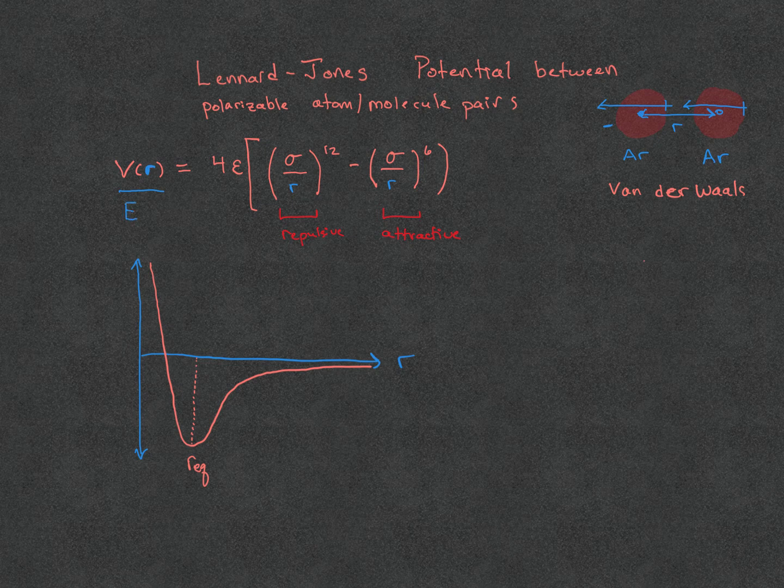It has dimensions of energy, which I'll remind you again, mass, length squared, T to the minus 2. So that's on the left-hand side, which means on the right-hand side, everything has to have dimensions of energy as well.